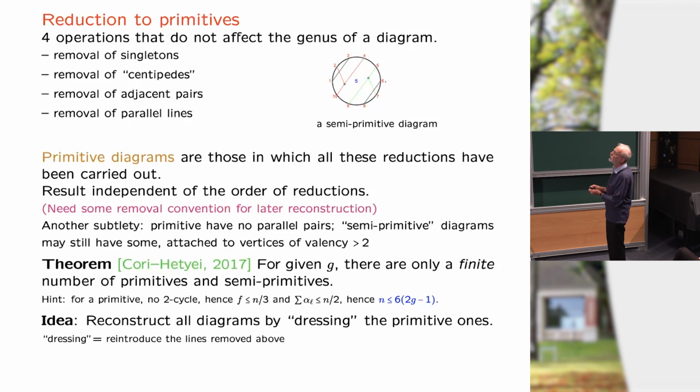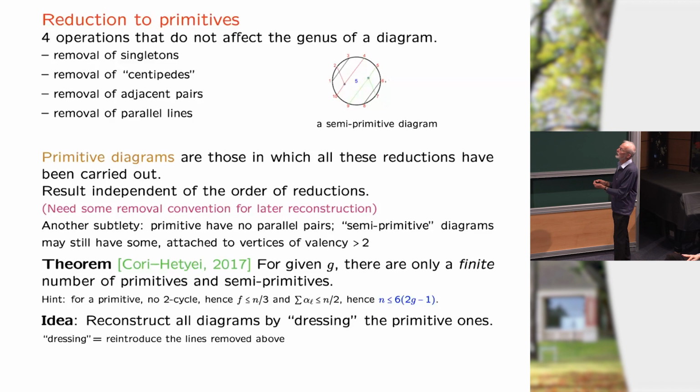And because of the removal of these parallel lines, it's also easy to see that all the faces have a length larger or equal to 3, and therefore when you combine these two inequalities, you find that for a given genus, the order n must be bounded by 6 times 2g minus 1.